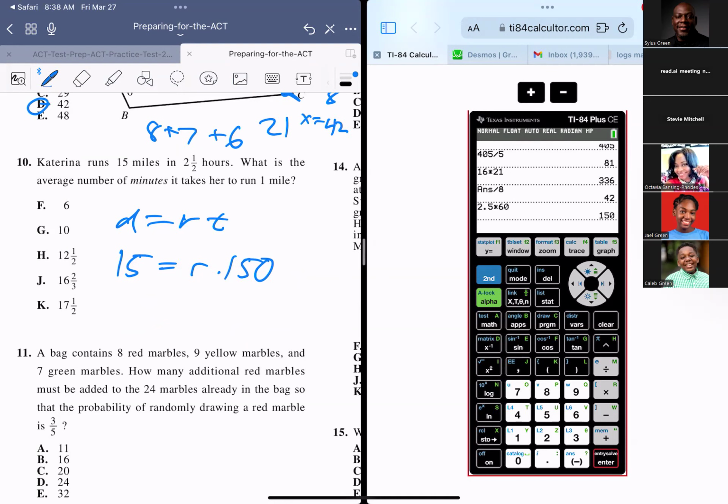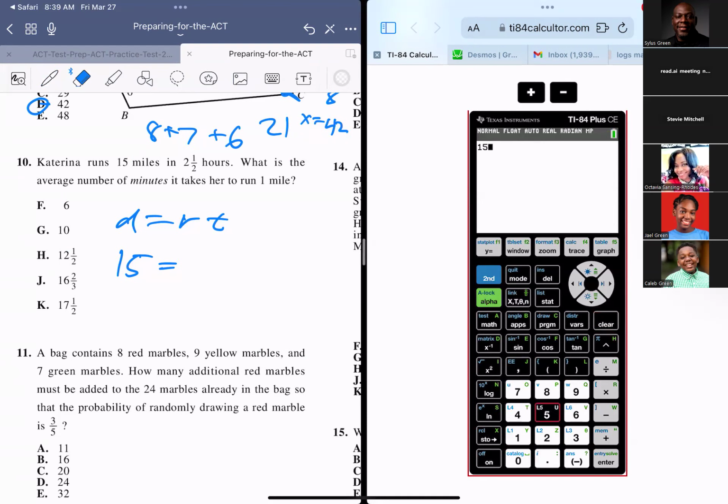Okay, wait, I must have done something wrong. 15 divided by 2.5 hours.